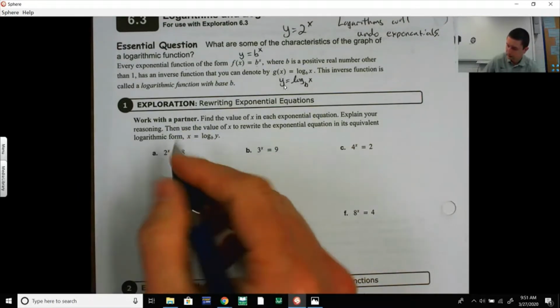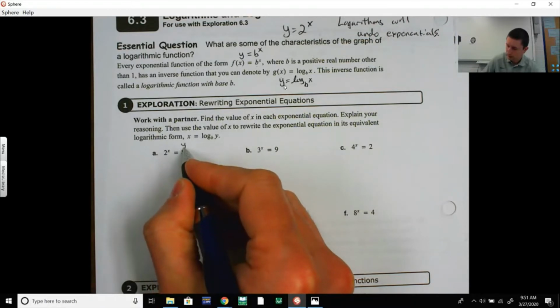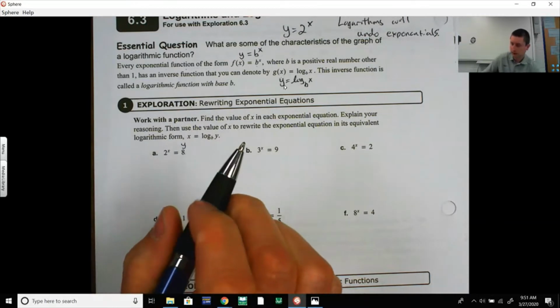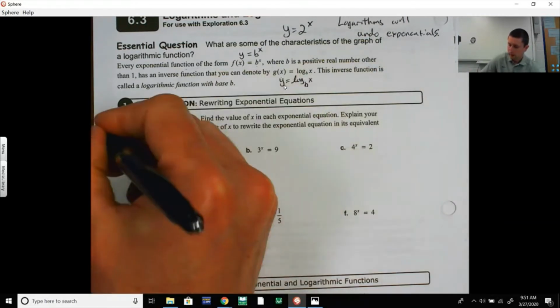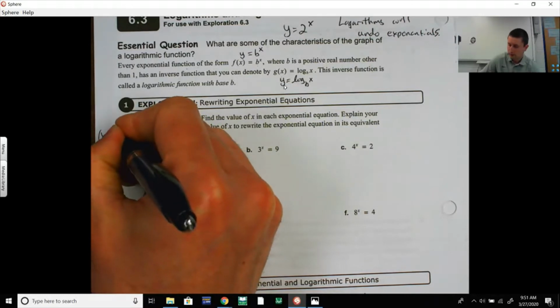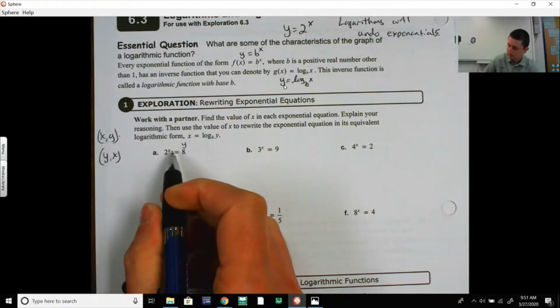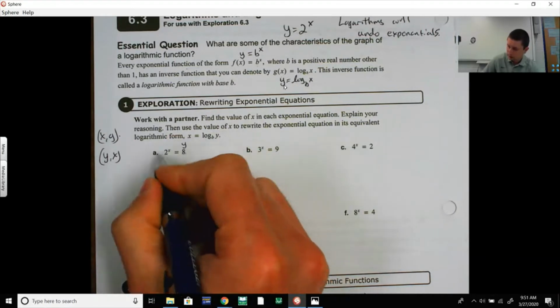So in these examples here, this is what you're going to see a lot of in just practicing this. You have 2 to the x equals 8. So this is kind of like the y value. Now remember, in inverse functions, if you have an x and a y for a function, the inverse will have a y and an x, a y, x in that order. So this is an exponential equation.